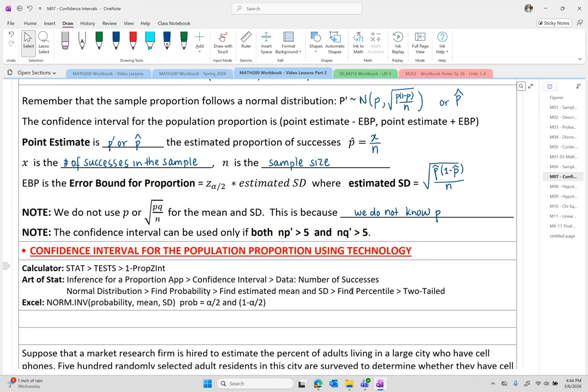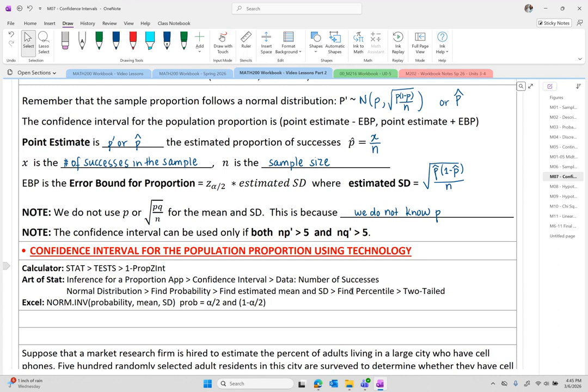As we said, EBP is the error bound for the proportion. Because this is a normal distribution, it will equal the z-score at alpha halves times the estimated standard deviation, or z at alpha halves times the square root of p hat times 1 minus p hat divided by n.